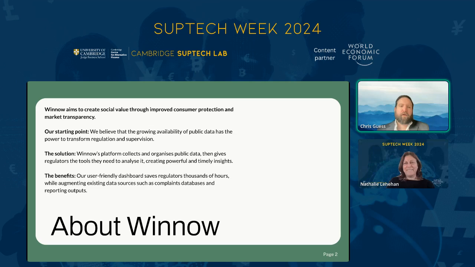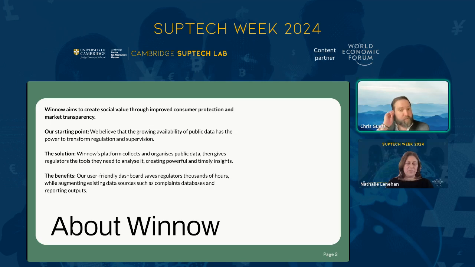So Winnow, here I'm going to go fast in the interest of everyone's time. Winnow aims to create social value through improved consumer protection and market transparency. Basically, our value proposition is that with the growing availability of public data, regulators and supervisors can have more and better insight into the mood of the public, both in general and towards specific regulated entities.